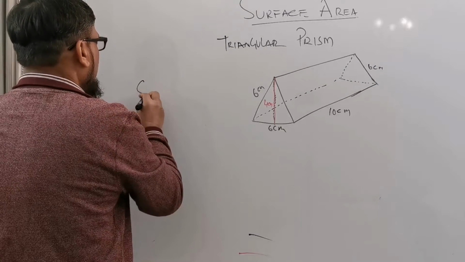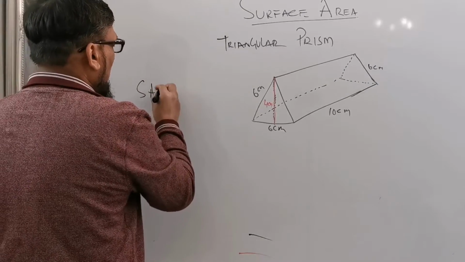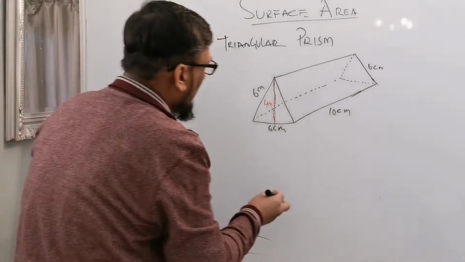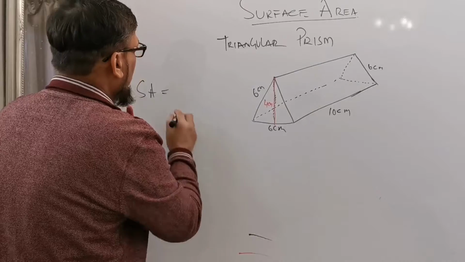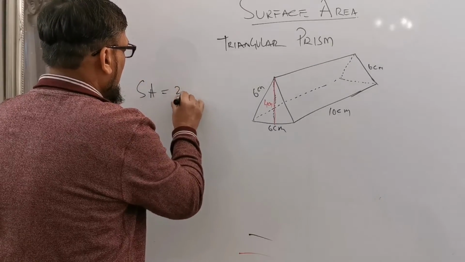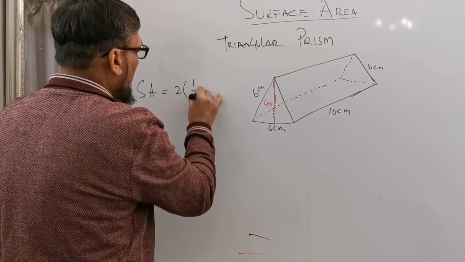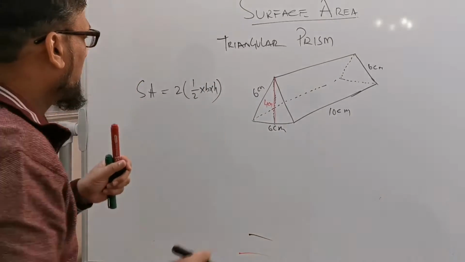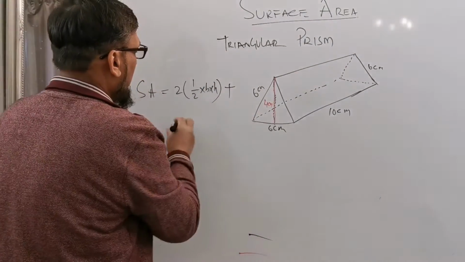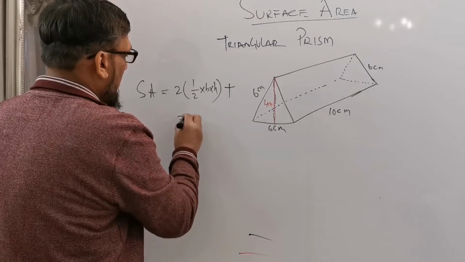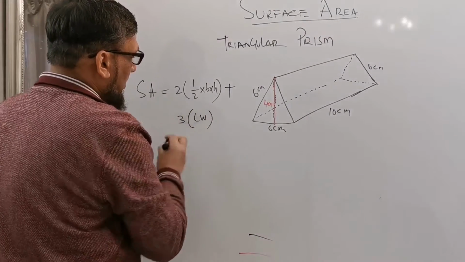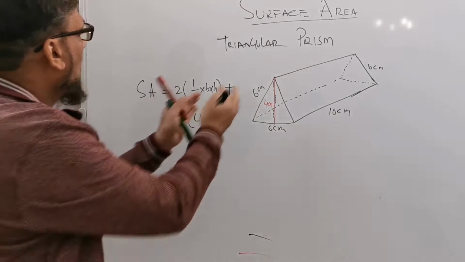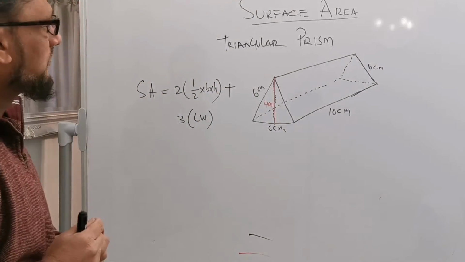So surface area for this prism, how can we work it out? Very simple. 2 bracket half base times height plus 3 times length times width. So this is the formula for surface area for prism.